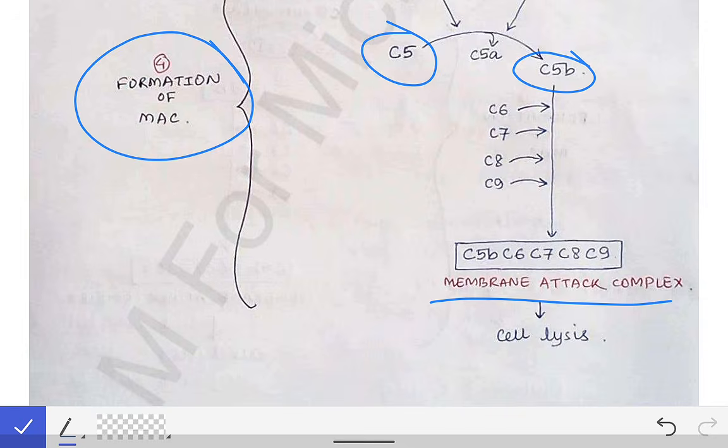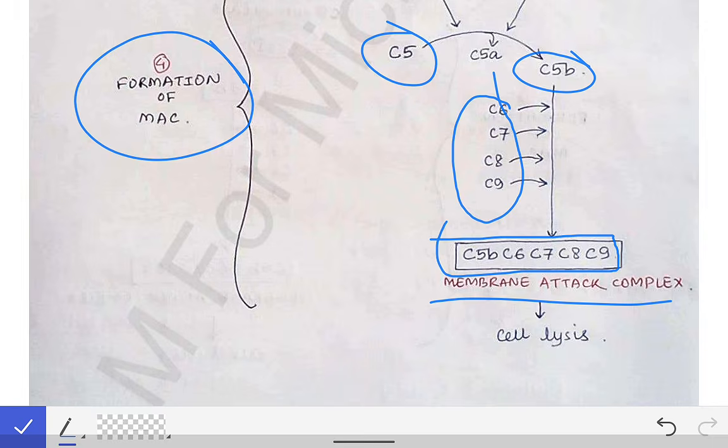Now the C5b is further associated with C6, C7, C8 and C9, and thereby they form the C5b, C6, C7, C8, C9 complex. This complex is otherwise also called the membrane attack complex. What does it do?